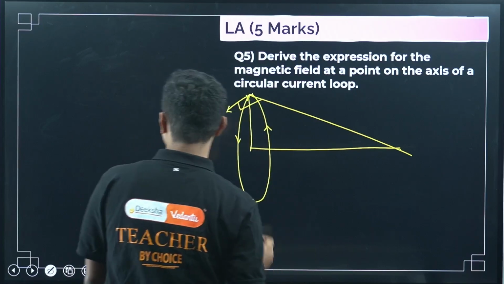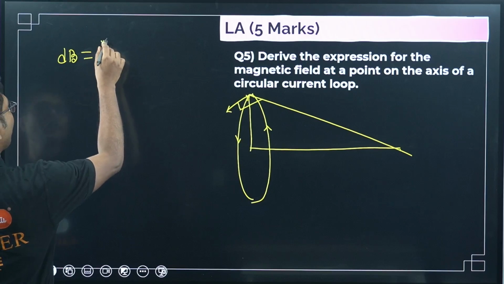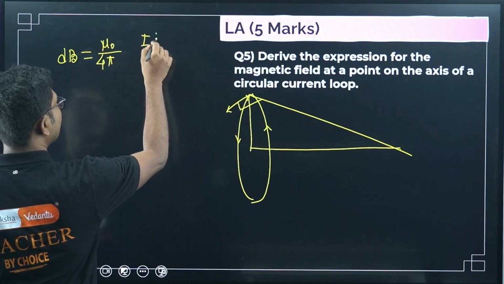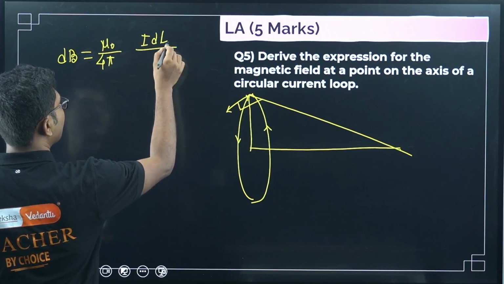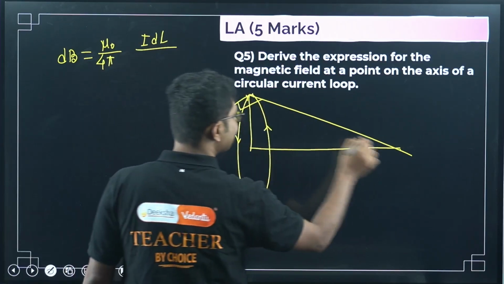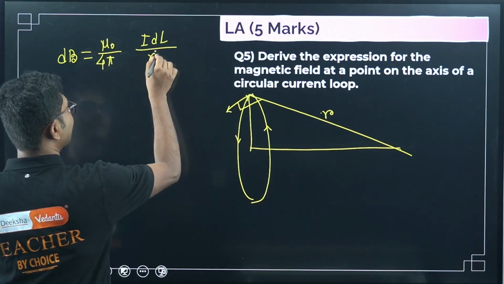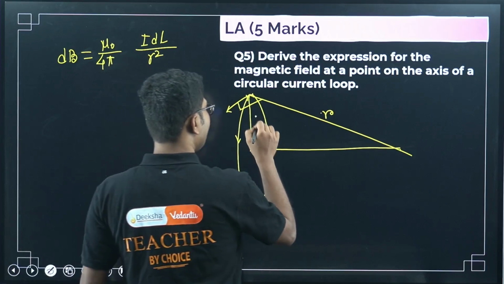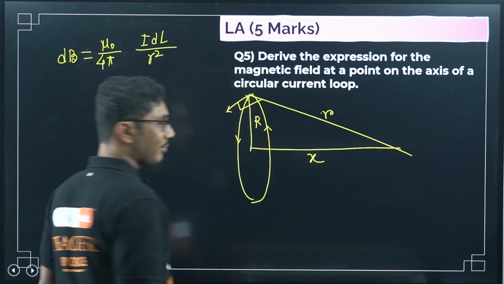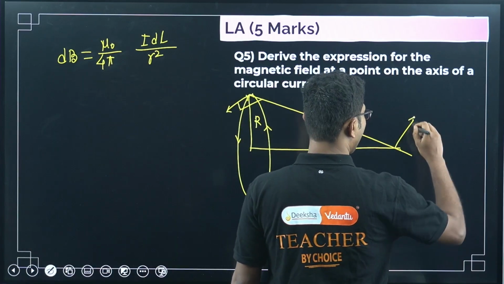So you have to apply Biot-Savart's law: dB equals mu naught by 4 pi, I dl sin theta by r squared. Sin theta is sin 90 degrees, so there will be no sin theta here: I dl by r squared, where this distance is r. Now the radius of the circular loop is R, and the distance of the point from the center is x. And this will be the direction of dB.